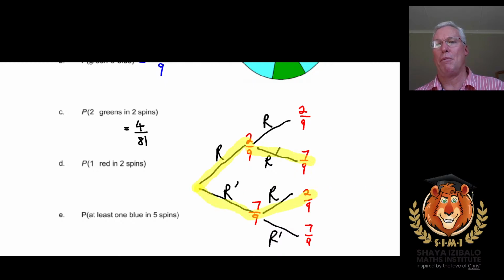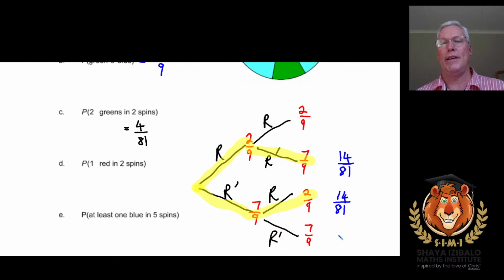Okay, and now remember the probability at the end of a branch, the probability of this thing happening, we're going to multiply. We multiply those two fractions, 2 ninths and 7 ninths, to get 14 out of 81. This is also 14 out of 81.